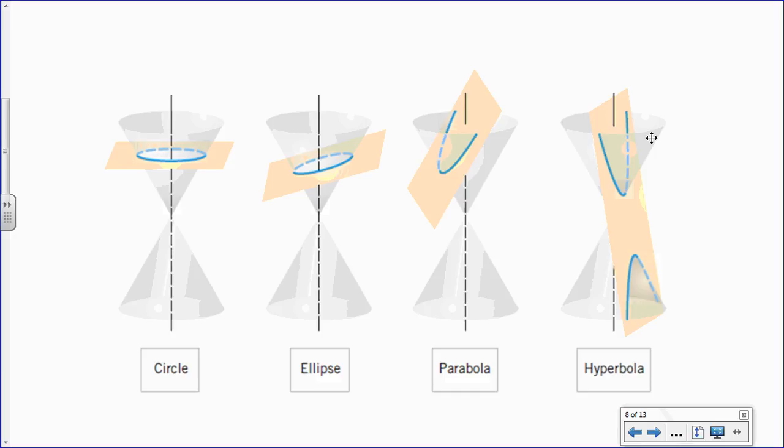If you stick it straight in, it's a circle. If you're cutting it diagonally, it's an ellipse. If you're just slicing an edge off, it's a parabola, as long as that angle would not hit the cone underneath it. And then it's a hyperbola if the angle would hit both. So a hyperbola looks like a double parabola.